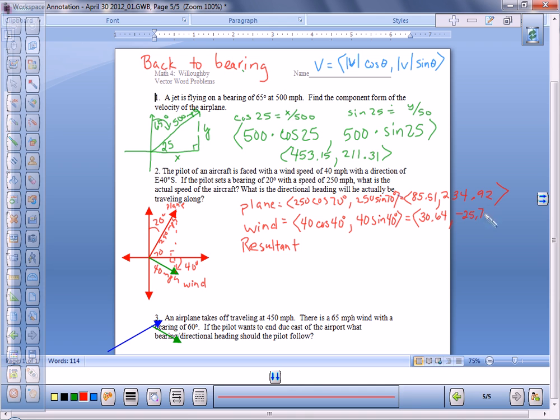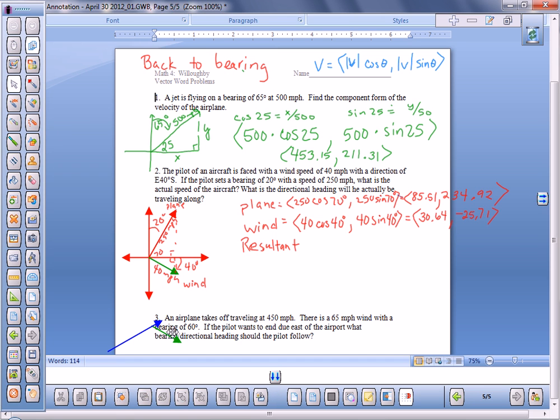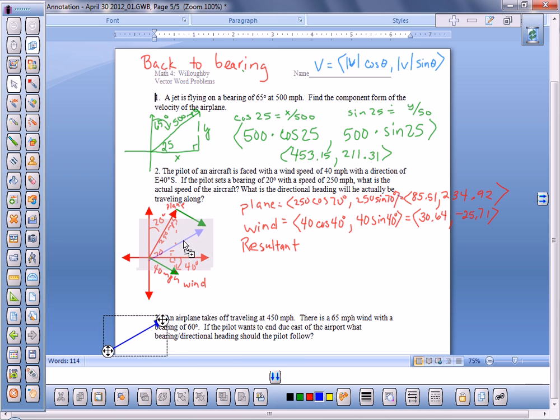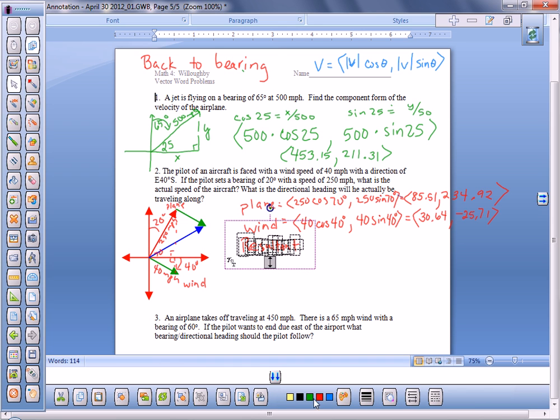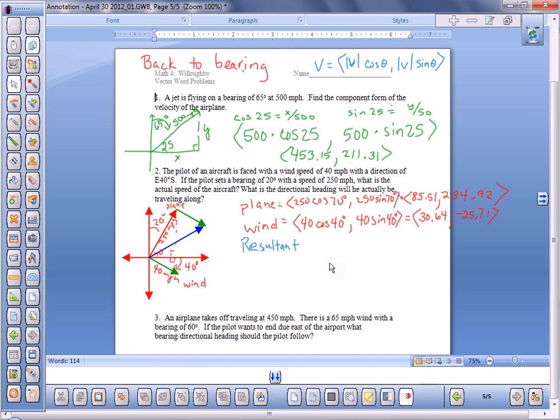So let's go back and think about what's happening. Basically, I'm taking this green one and adding it to this one so that I can get the resultant, which is the blue one. So let's see if I can change colors like this. So our result is the blue, and our wind is the green. Didn't get it all.